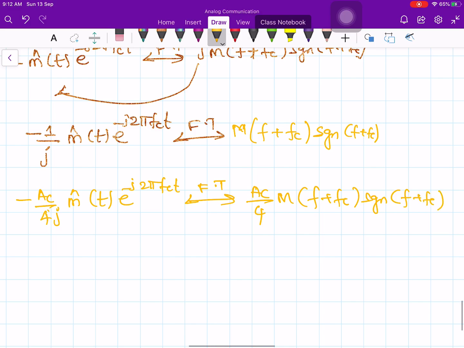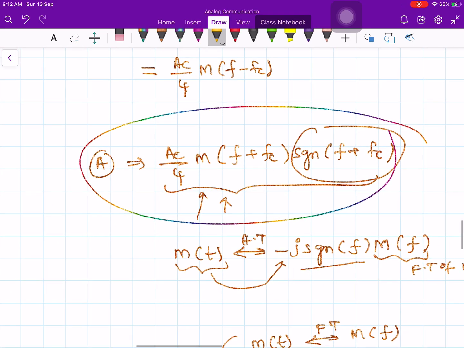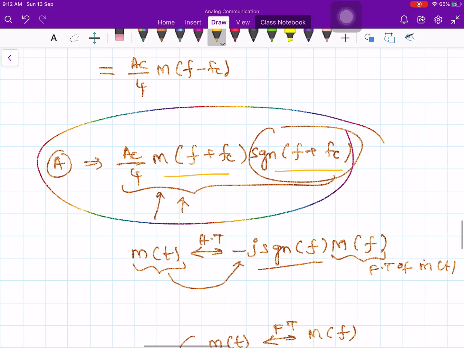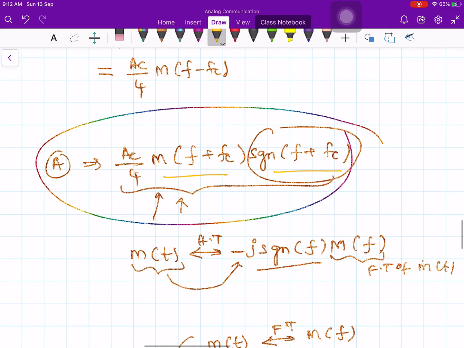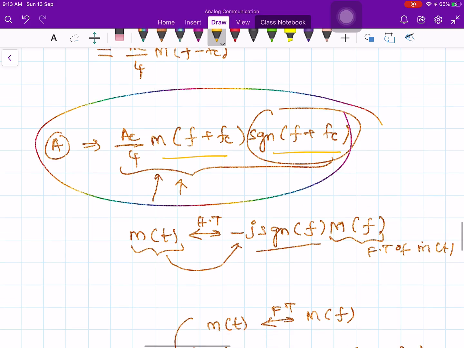That's it. Now this is precisely, don't you see, the A term from the given expression. Where is the A term here? It is over there: A c by 4 m of f plus fc signum of f plus fc. So this can be written as minus A c by 4, then divided by j, m cap of t e to the minus j 2 pi fct.